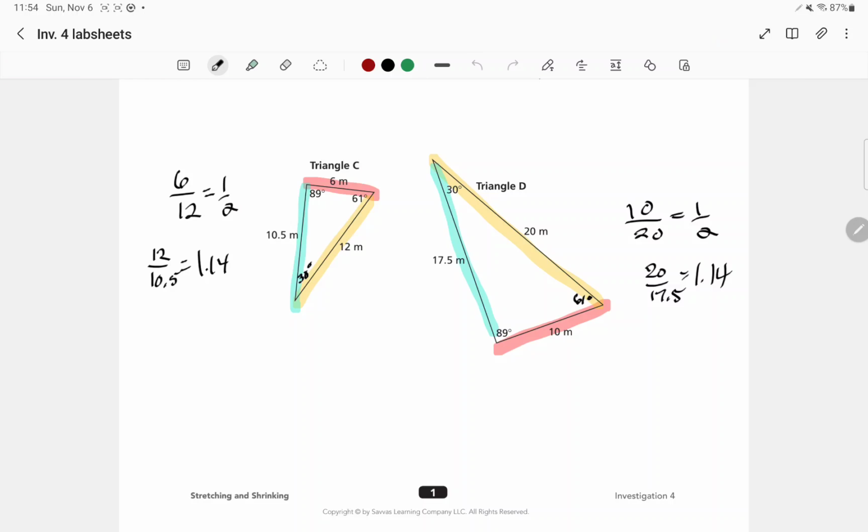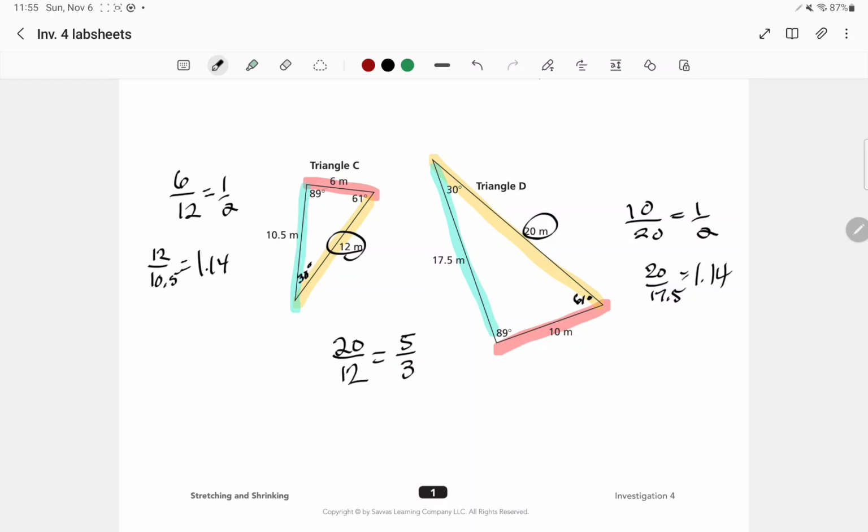So let's look at triangles C to D, small to big. So 12 to 20. If I want to go small to big, I'm going to put the big one in the numerator. So 20 over 12. 4 goes into both of those. 4 goes into 20 5 times, 4 goes into 12 3 times.